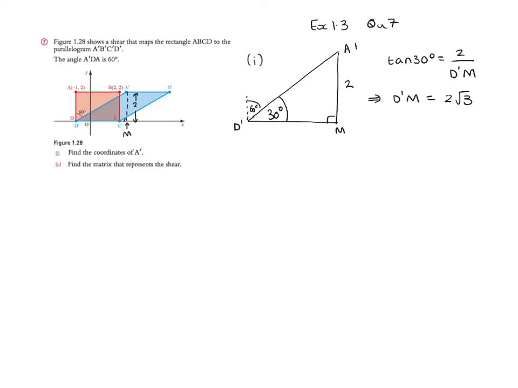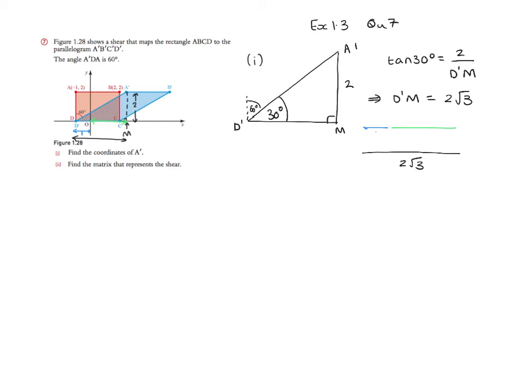Now, that doesn't give us the coordinate of A', it gives us this horizontal distance between here and here. So to get the x-coordinate of A', we need to find out what this shorter distance between here and here is. So we use the fact that this distance is 1 unit. Don't worry about the x-coordinate of D being a negative value. Think about the fact that the blue distance that I've drawn out and the green distance together make up this black distance from D' to M, which is 2√3.